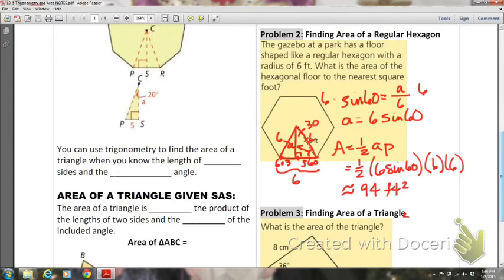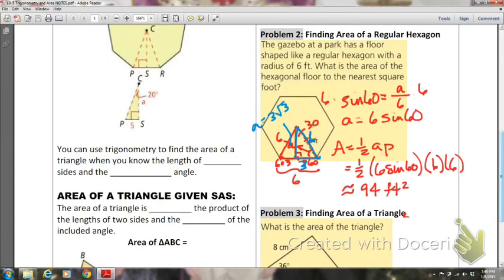Now, an easier way to me to do this would have been to use the special triangle. The fact that you have a 30, 60, 90 triangle here, the hypotenuse was 6, so the short leg was 3, and your apothem had to be your short leg times the square root of 3.